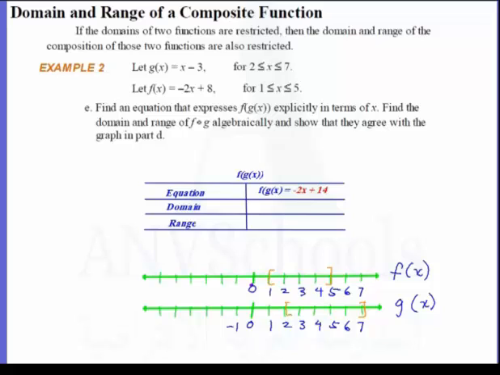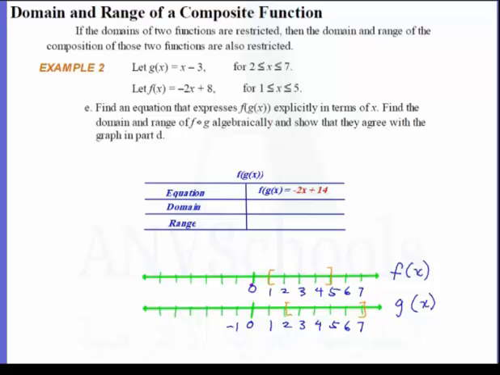But how do we determine the domain for f of g of x? Notice that the domains of both functions g of x and f of x matter for this portion. We already have the illustration for the real number line for the domains of f of x and g of x. Now what we are missing is the domain for f of g of x.